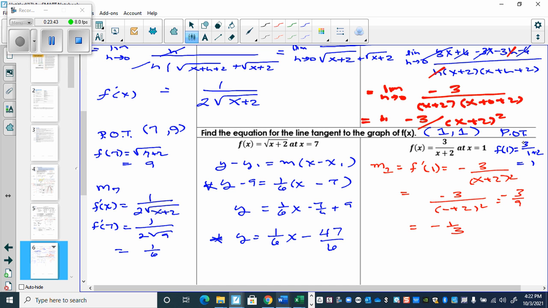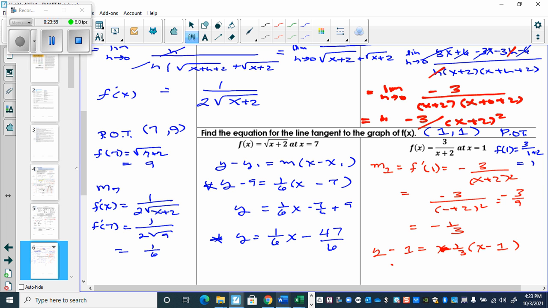So now I have the point of tangency, I have the slope, so I have y minus 1 equals negative 1/3 times x minus 1.